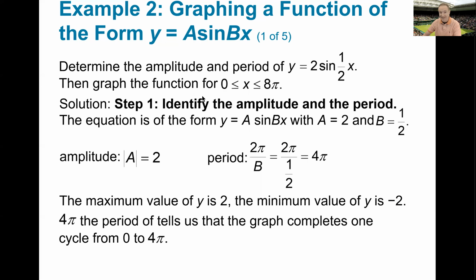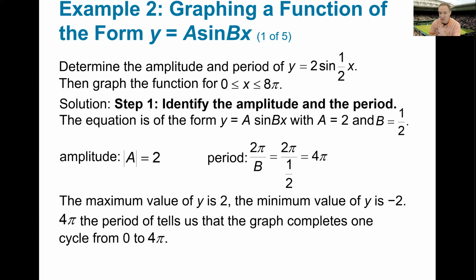Now let's see that in an example. I want to look at the graph of y is equal to 2 sine of 1/2 x. Okay, now I know that this sine function is going to get stretched by a y value of 2. Its amplitude is 2, so I know its high value is going to be 2, its low value is going to be -2.